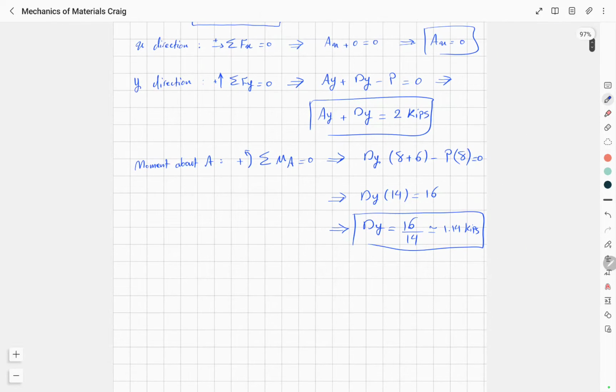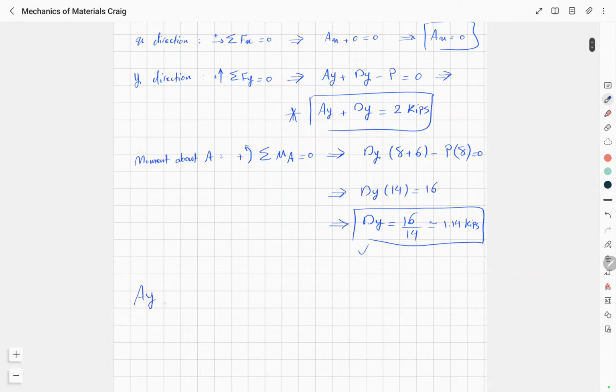So we have the value of DY, and by putting DY in this equation, we can write AY plus 1/14 is equal to 2.